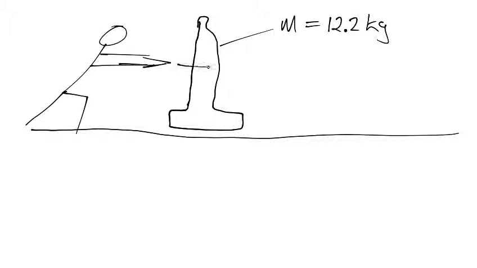So this distance here, where the force is being applied, is 70 centimeters above the ground. In addition, we know that the coefficient of friction on the ground is going to be equal to 0.26.